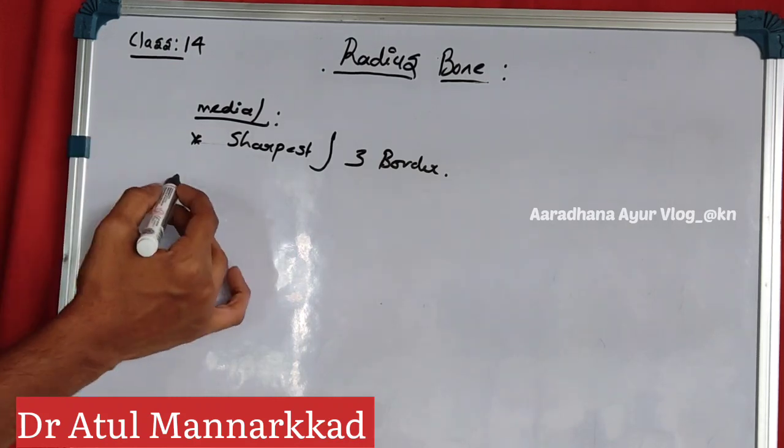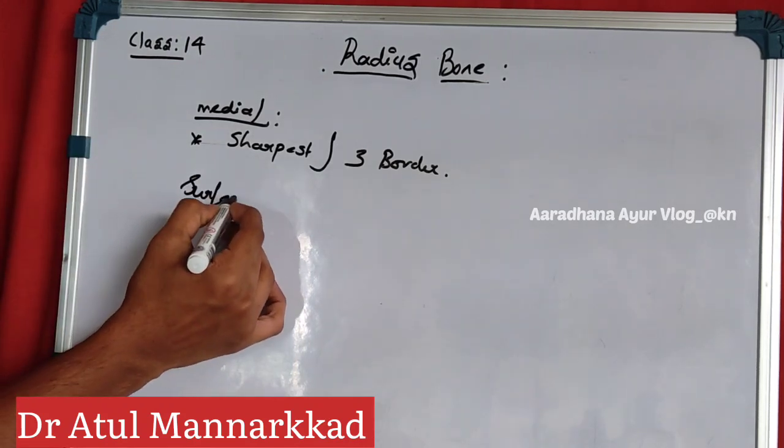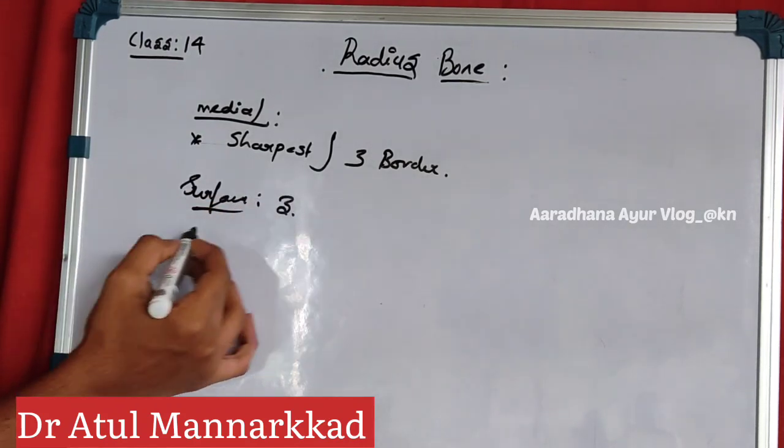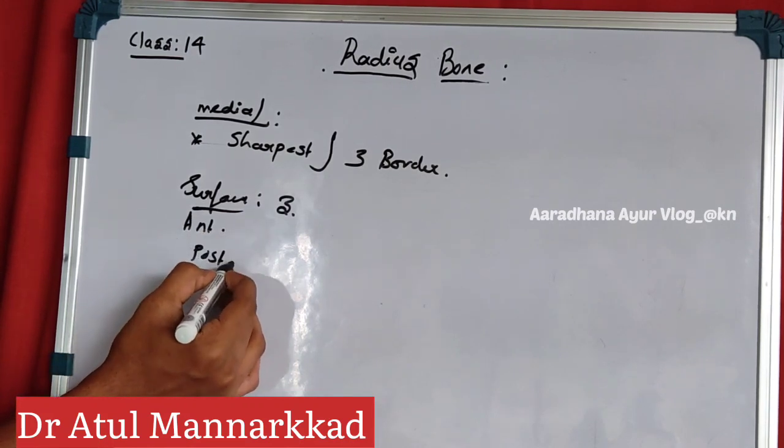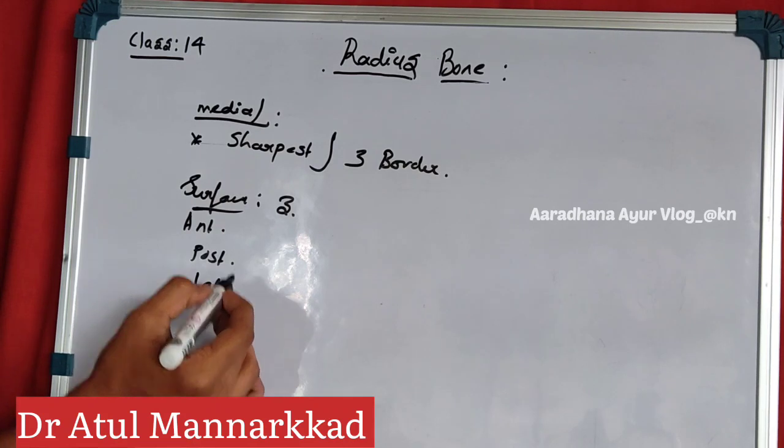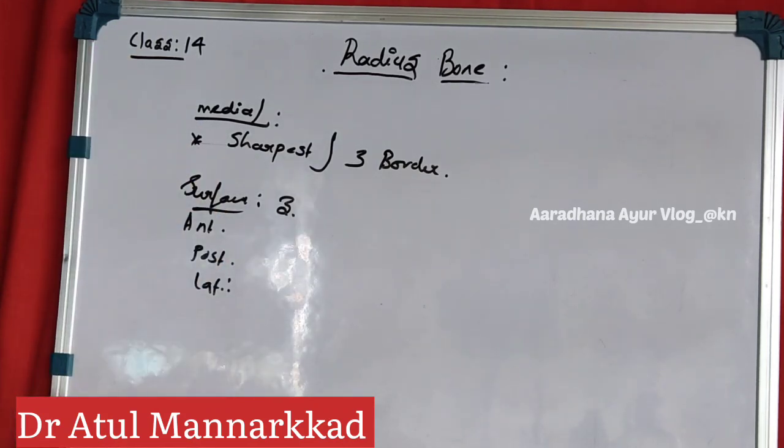Next, let's discuss the surfaces. There are 3 surfaces: anterior, posterior, and lateral. The anterior surface lies between the anterior and the interosseous border.